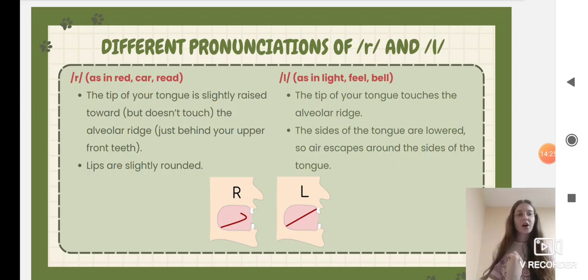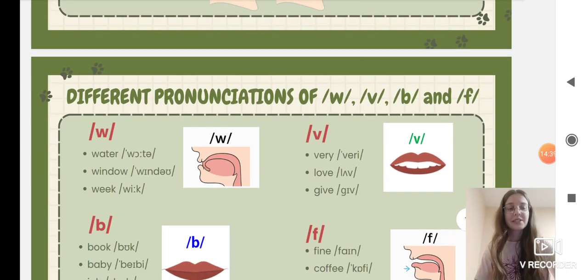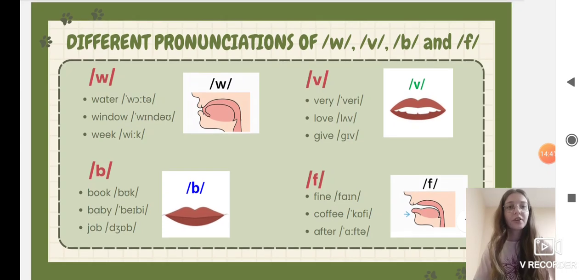When you're saying R, your tongue is a little curled inside our mouth, but when you are saying L, it's directly against our upper teeth. You can see the difference clearly from here.